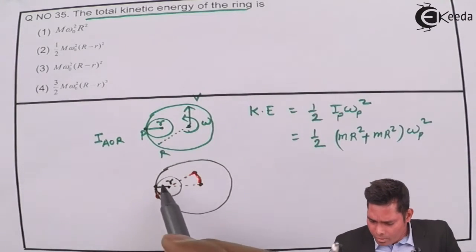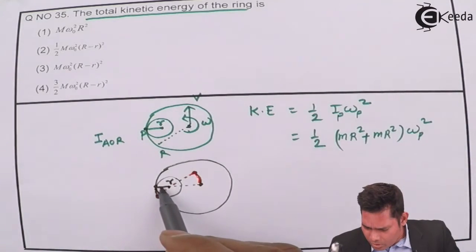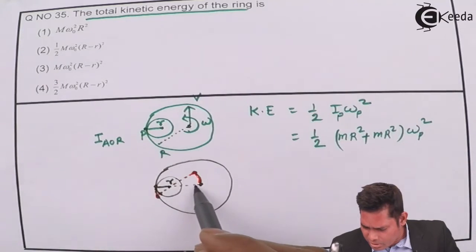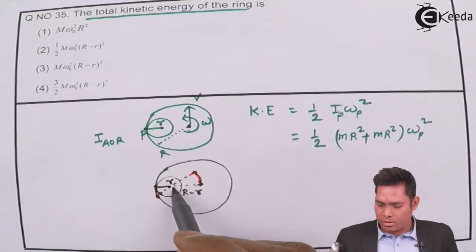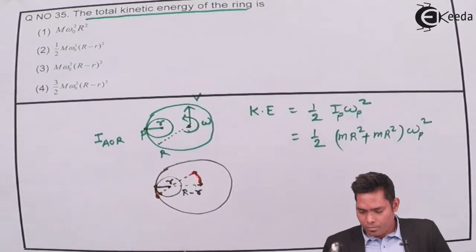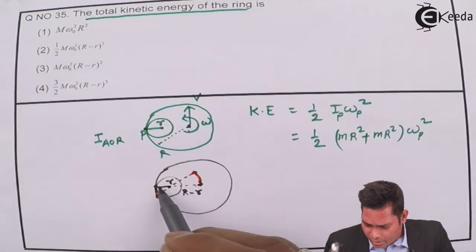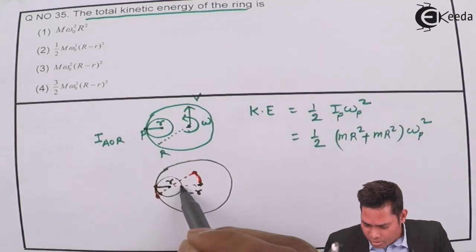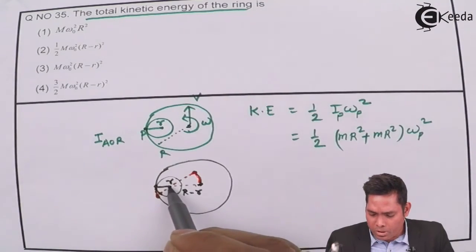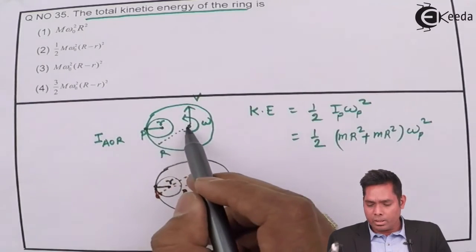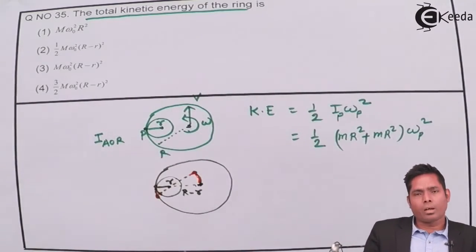Now this distance is R, and this distance is r. This distance is R minus r. Because this total distance is the radius R, and minus this, so this is the distance between this center and its center. So center to center distance is R minus r.